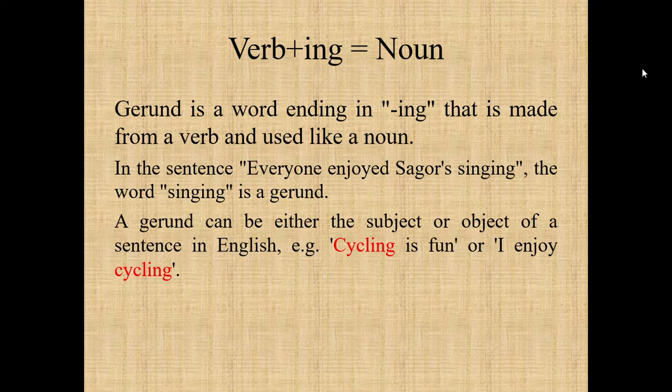When verb plus ing works as a noun, it is called gerund. Gerund takes the place of a subject or an object. Look at the example. Cycling is fun. Here cycling is the subject, it's a gerund. Or if I say I enjoy cycling, cycling is the object, it is also a gerund.